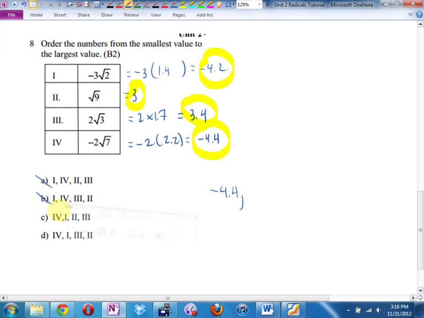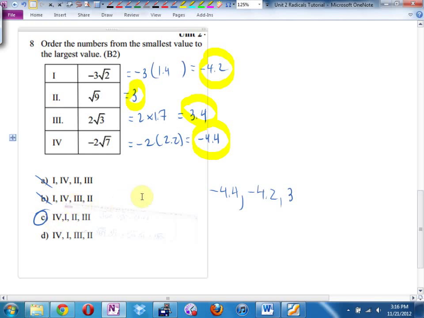Negative 4.2. It doesn't help at all. Which of these is the next smallest number? Oh, it's very good. I think it's that. Is that what it says in the answer key? In the answer key, it's letter D. Letter D? Okay. Yeah.